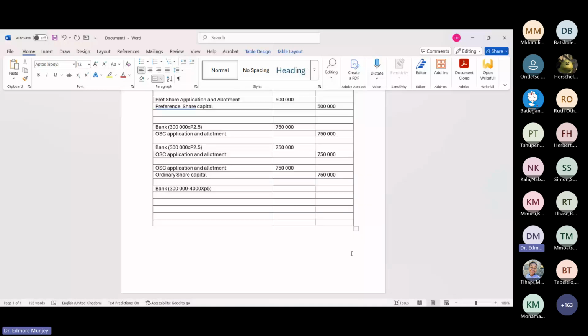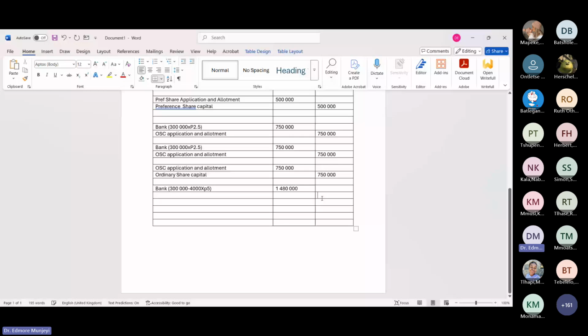So we say bank: 300,000 minus 4,000, times 5 Naira, which means 296,000 times 5 Naira. It is going to be 1,480,000.